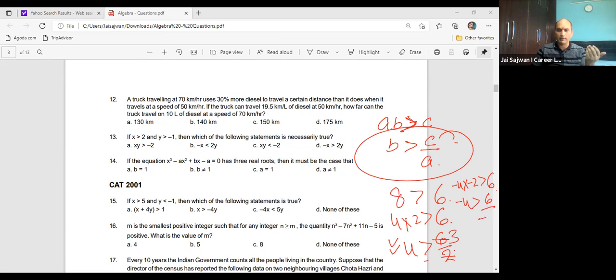Minus 4 is greater than 6 by minus 2, that is, minus 4 is greater than minus 3, which is wrong. I'll say minus 4 is less than minus 3. Now, Snehal has said yes, it is true if it is a positive value. And Utkarsh says it cannot be determined. But we can say whenever it is positive, it is correct. Whenever it is negative, the inequality will change. Is it fine, everyone there now?